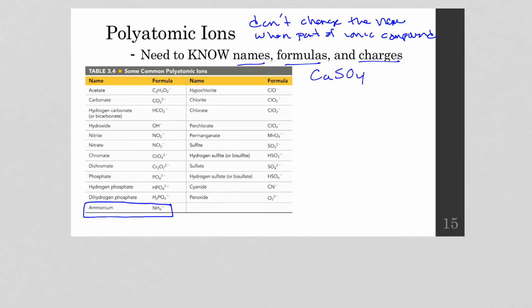Now the easiest way to do that is that if you look at all the compounds that we've named so far, they contain two elements, right? The positive ion, the negative ion, right? NaCl, or just two different ions. Immediately I see this and I have three different elements here: calcium, sulfur, and oxygen. That's my clue that I have a polyatomic ion, right? And I can identify that polyatomic ion as the SO4 ion.